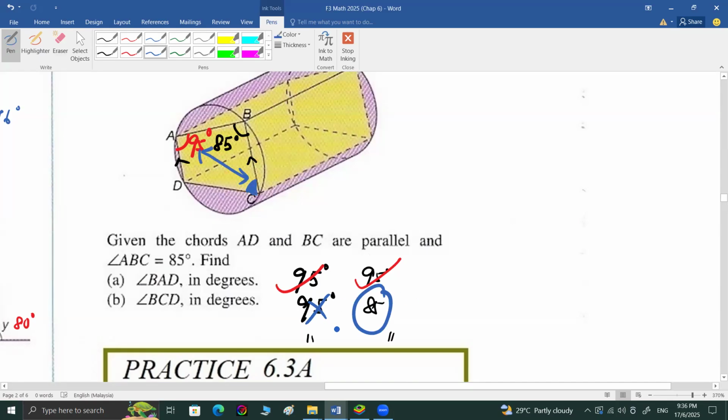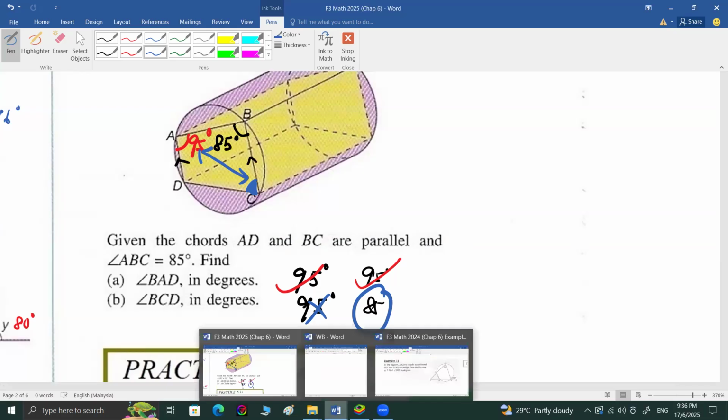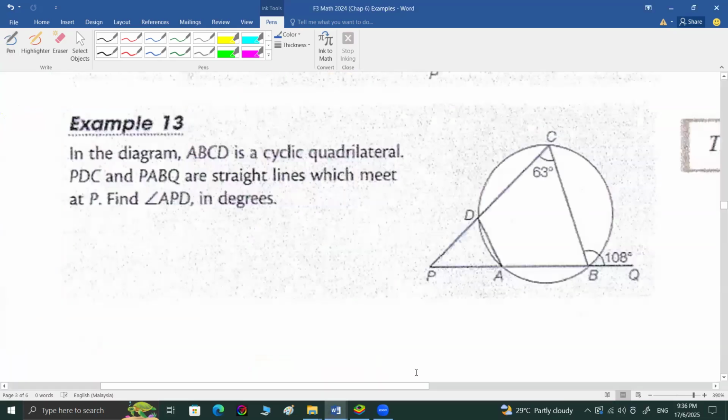Okay, can you understand, class? You can't tell this is 85. How can? Cyclic what? Okay, can follow so far? Okay, now one more formula to go. Listen to my explanation before we go to the other one. Class, look at my example here.